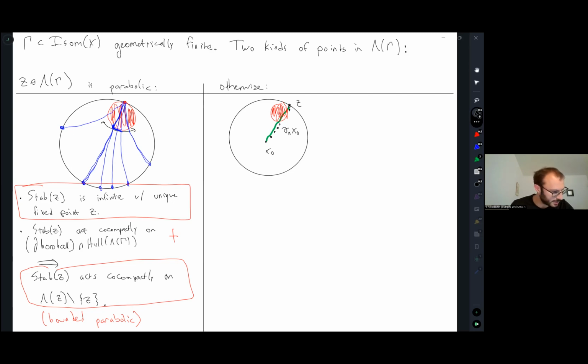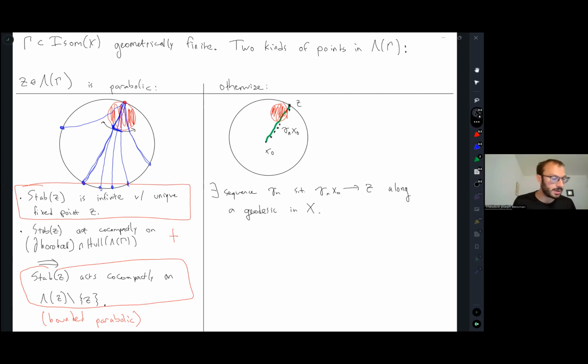So writing this out explicitly, for any of these points that are not parabolic, there always exists a sequence gamma n such that gamma n x naught converges to the point z along a geodesic in my space X.